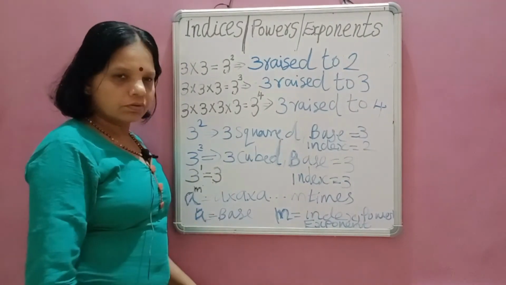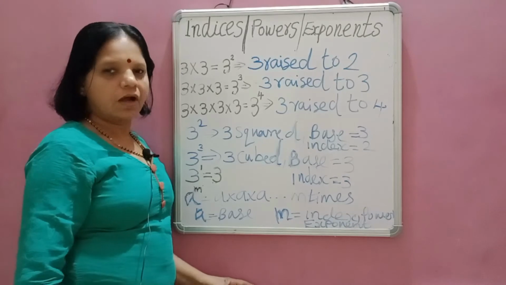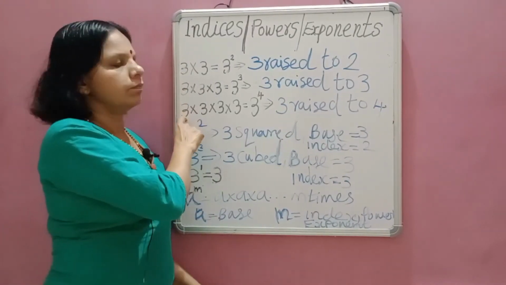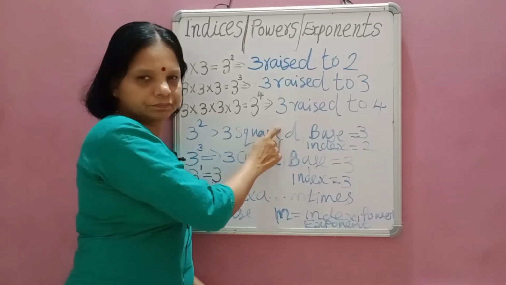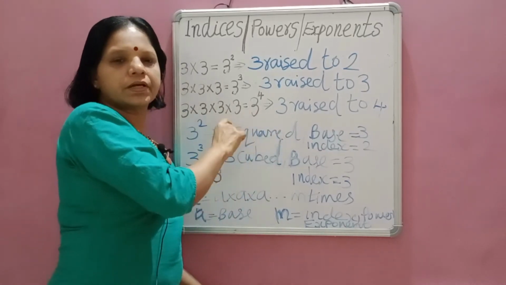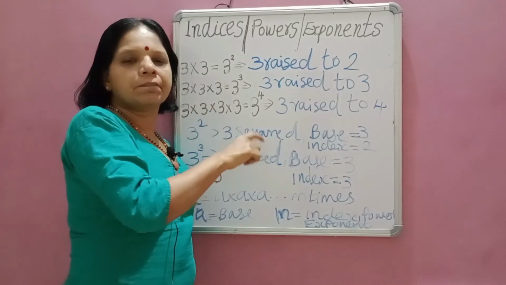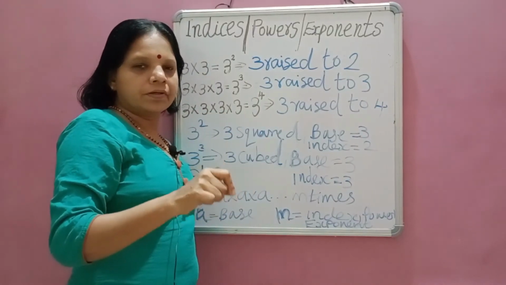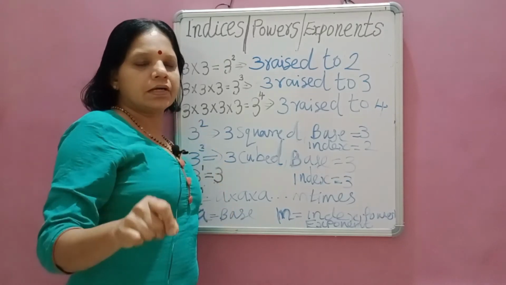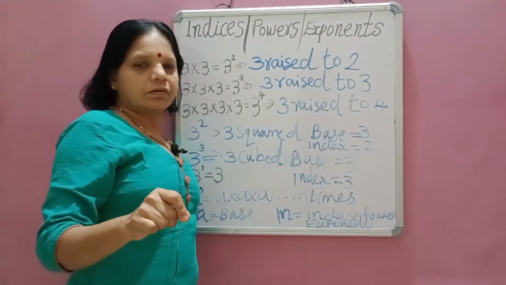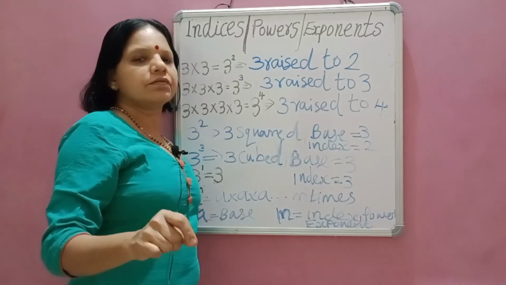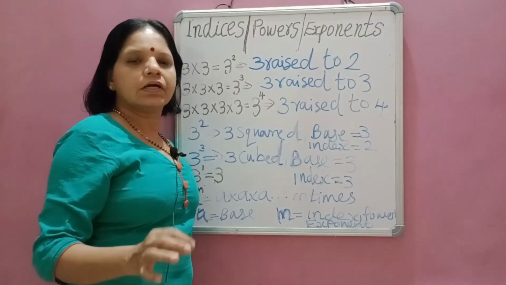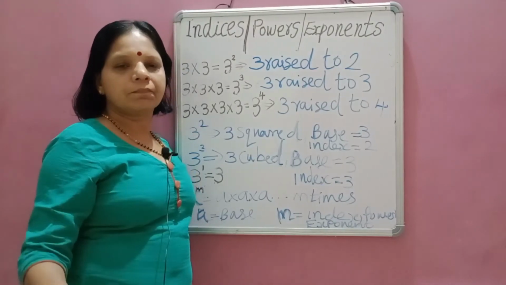And you know the relation between them, how it is obtained. It is obtained by repeated multiplication. The base number is repeatedly multiplied, how many times? According to the index.